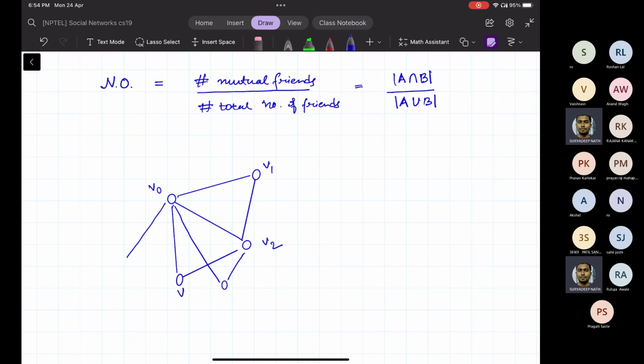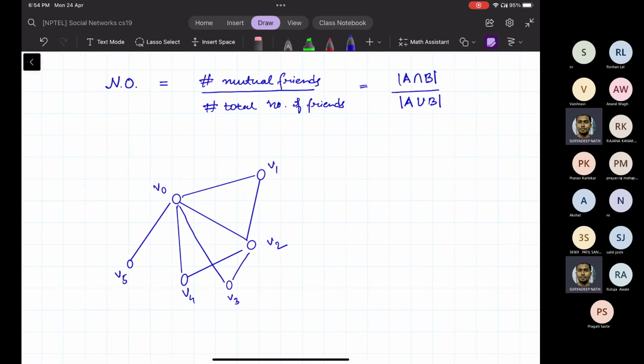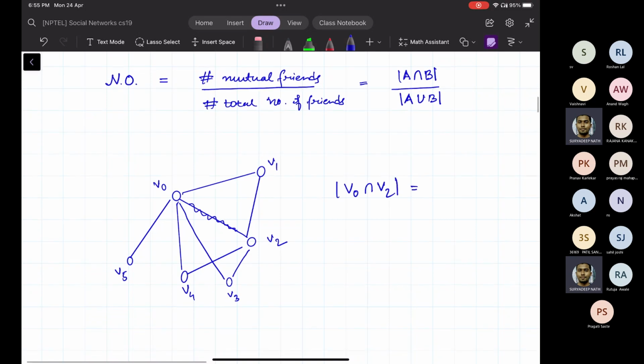Just one minute. V4, V3, and this is V5. So while computing the neighborhood overlap of V0, V2, for the intersection of V0 and V2, you select the mutual friends, that is V1, V3, and V4.